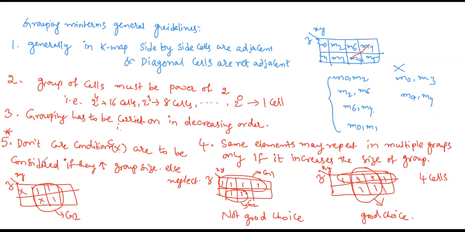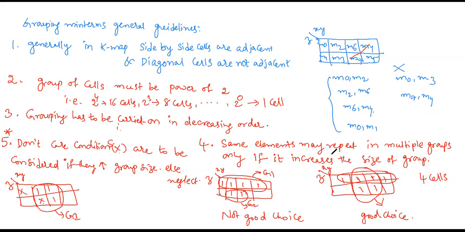These are the general guidelines for grouping minterms. Generally, side-by-side cells are adjacent. Diagonal cells are not adjacent. Whenever you try to group, first look for the big group: 64 cells, 32 cells, 16 cells, 8, 4, 2, 1. You need to look in decreasing order.